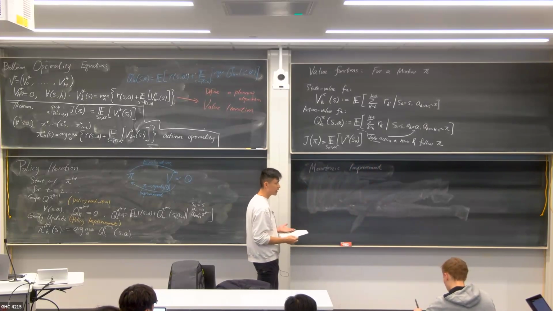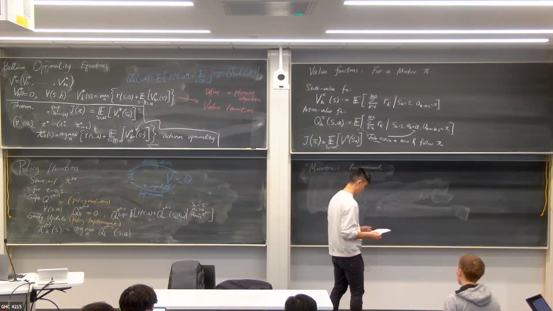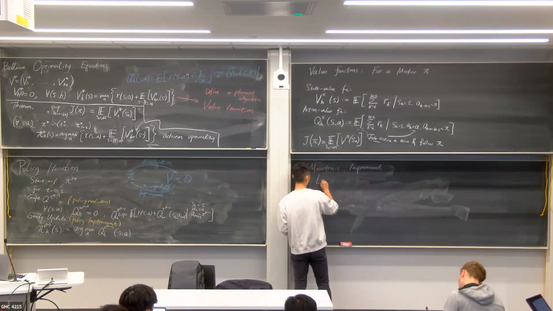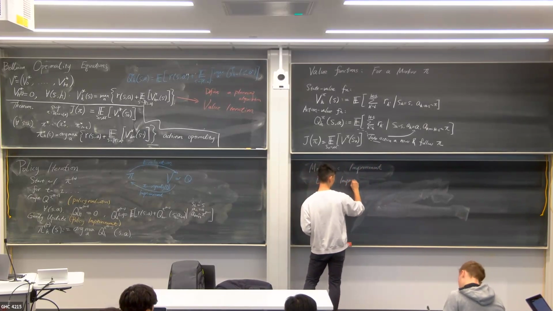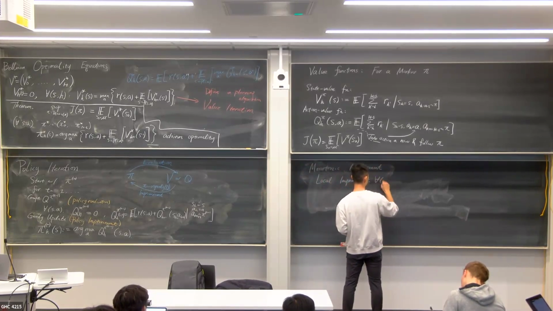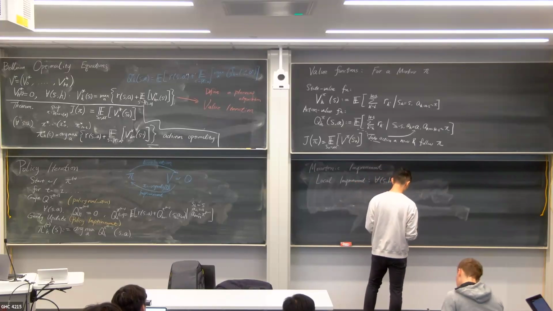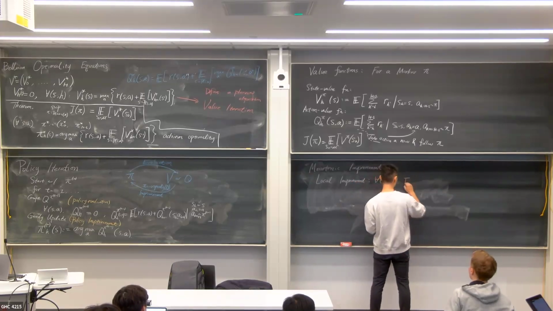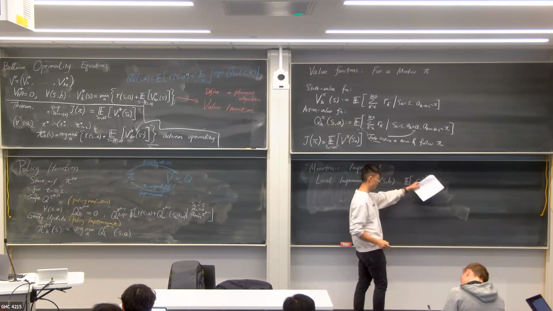So it seems like we have done something that at least feels like a form of local improvement. Right? By the fact of the greedy rule, I know that for any state and time step, if I look at the updated policy, let's call it pi t.